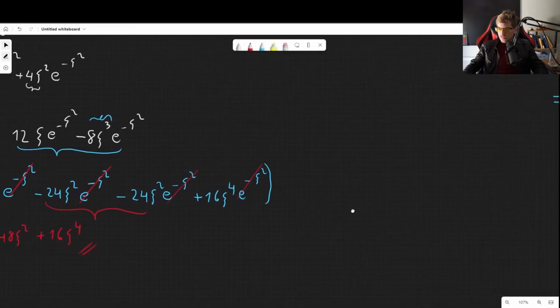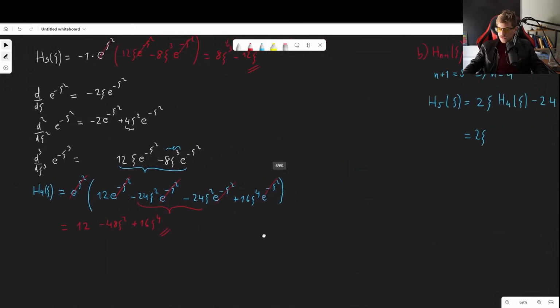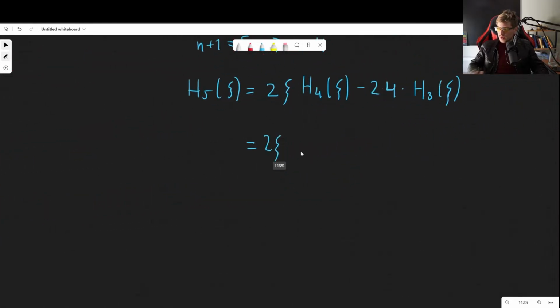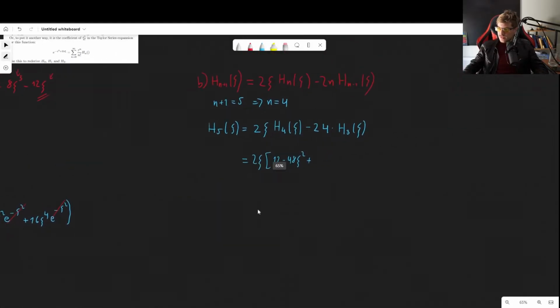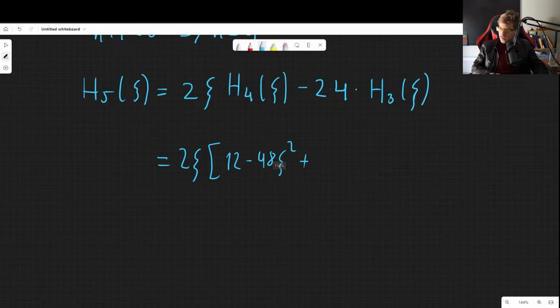So h4 is 12 minus 48 psi squared plus 16 psi to the 4th power. And notice that we're going to find h5, which is, of course, odd. So we need to have only odd powers of psi, and that is precisely what this psi right here is doing, right?